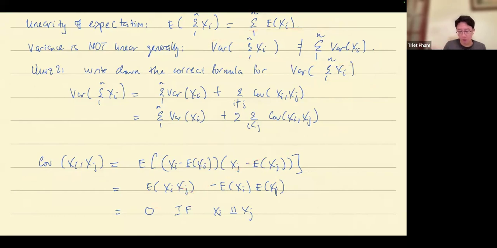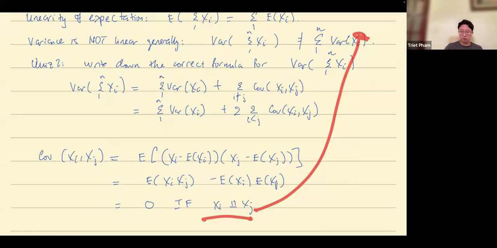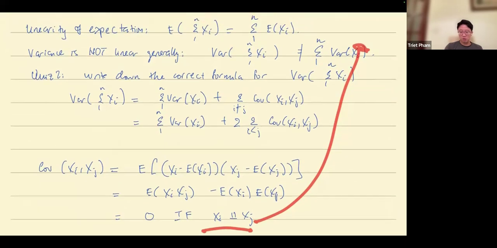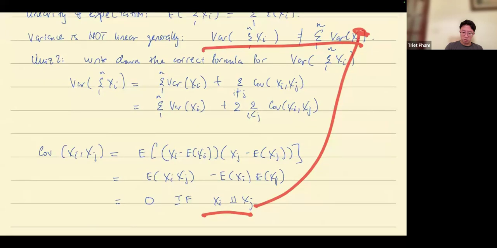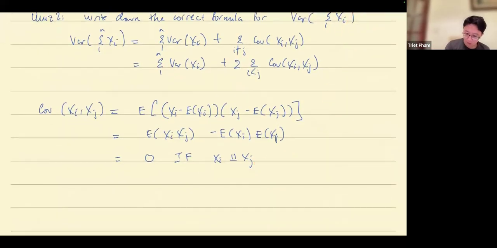Now, of course, a particular case that tends to happen is that the random variables are mutually independent. If the random variables are independent, then the variance of the sum is the sum of the variances. But that's not true in general. So let's write that down.